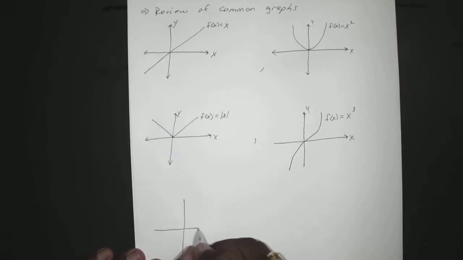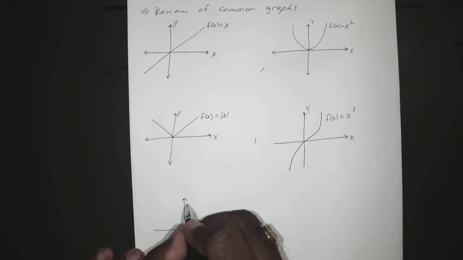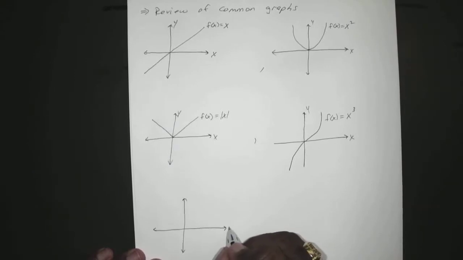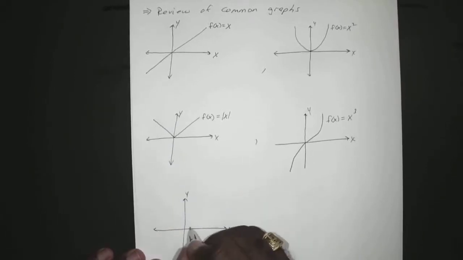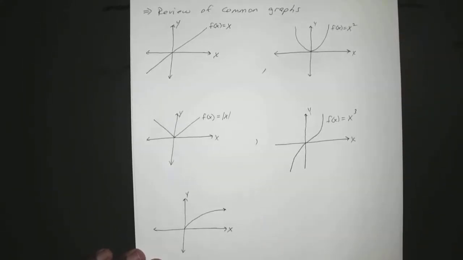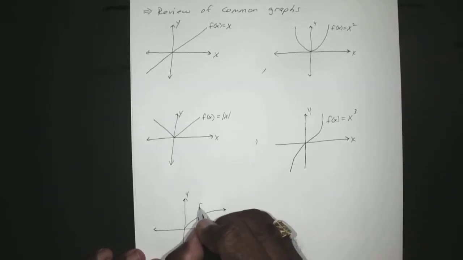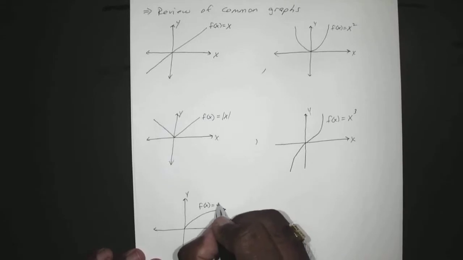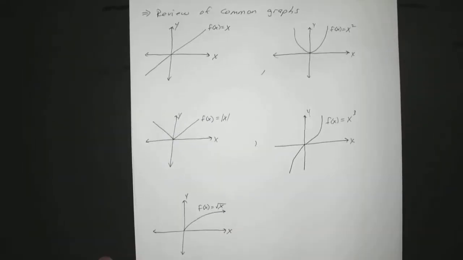Or if you have one with this shape, kind of like that, that's your f of x equals square root of x. So those are the foundation of everything we're going to go over, at least for this section today.